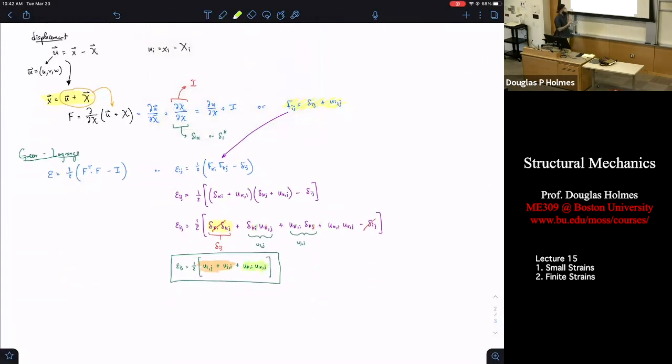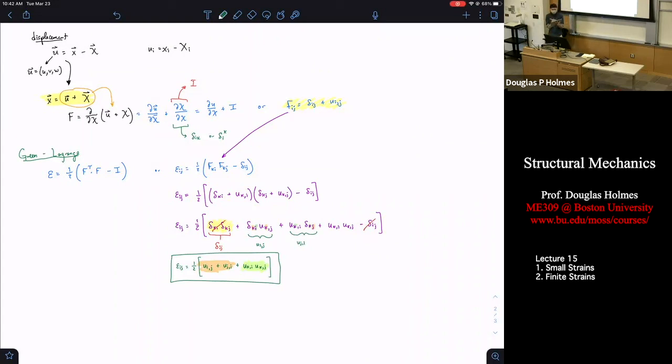I see u appearing twice in that term. Derivatives of u multiplied by derivatives of u, that's nonlinear. I have squared my u's. So my Green-Lagrange strain, which is my most common form of the nonlinear strain tensor, consists of the linear part, which you already know, we've already derived, plus a nonlinear part.